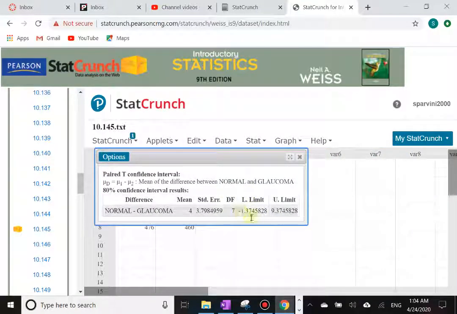The lower limit, negative 1.37, means in favor of the eye with glaucoma, thicker corneal thickness for this one. And the upper limit is 9.3, almost, call it 9 microns thicker in the normal eye.